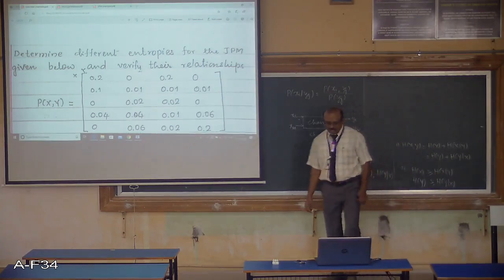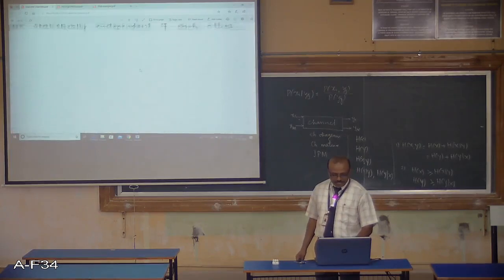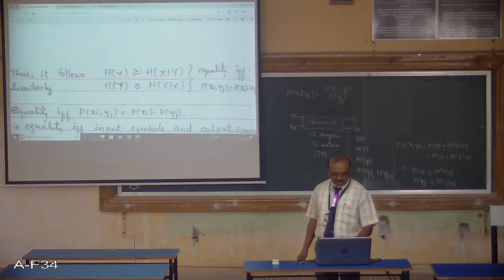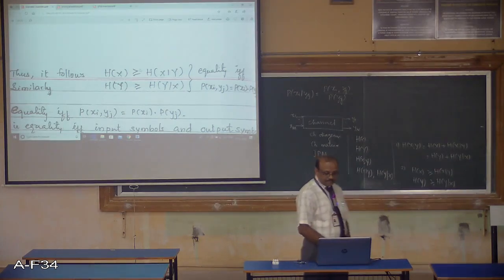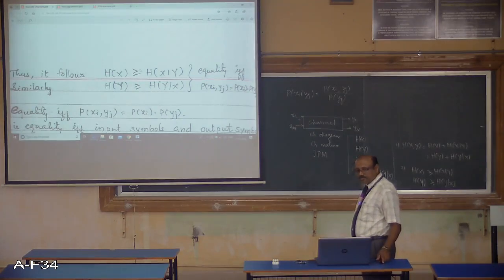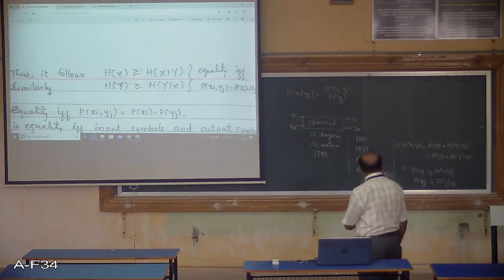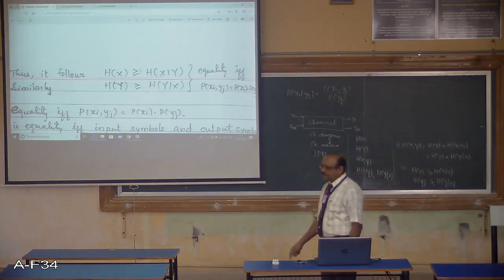So these are the relations which we have studied as a part of entropy functions. The 2 points we have covered: mathematical representation of a channel, and second, entropy functions and their corresponding relations.